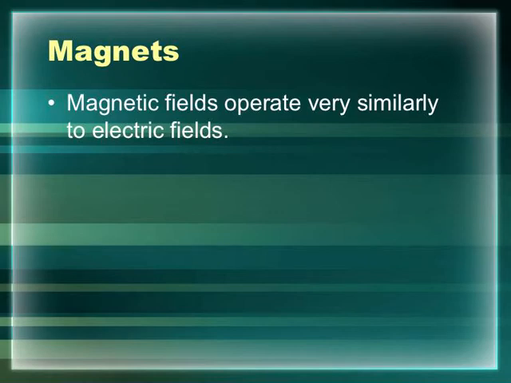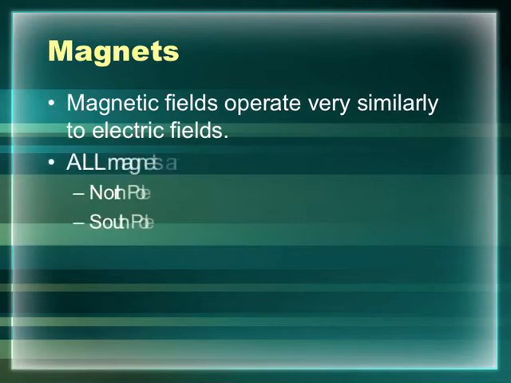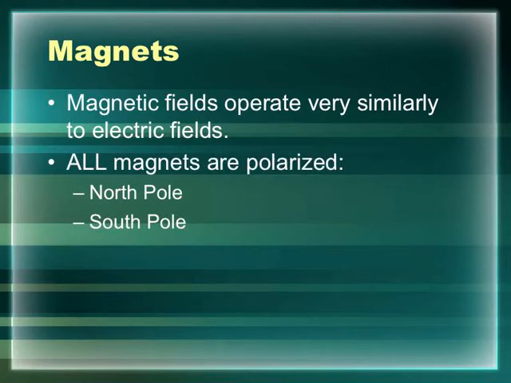But like electric fields, we have a positive and a negative. With magnets, instead of a positive and a negative, we'll have a north and south. So magnets have what we call a north pole and a south pole. When we say pole, I don't mean a geographic pole.